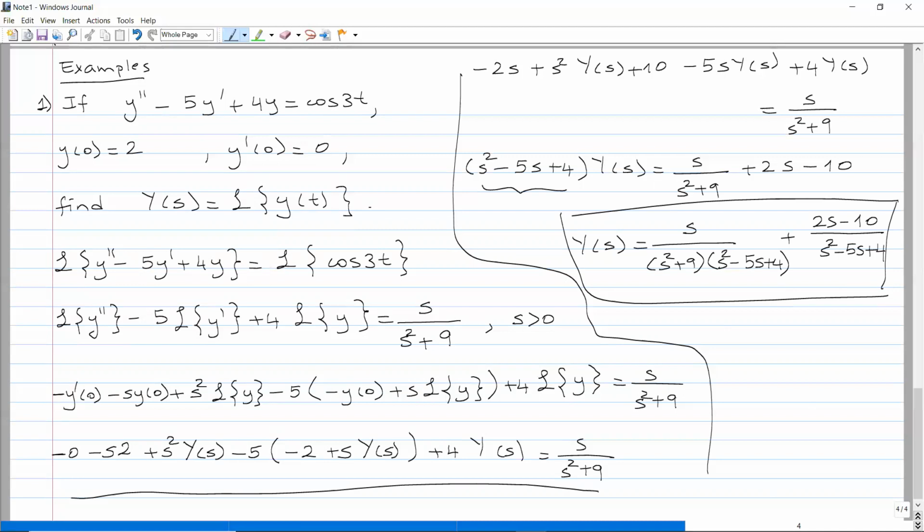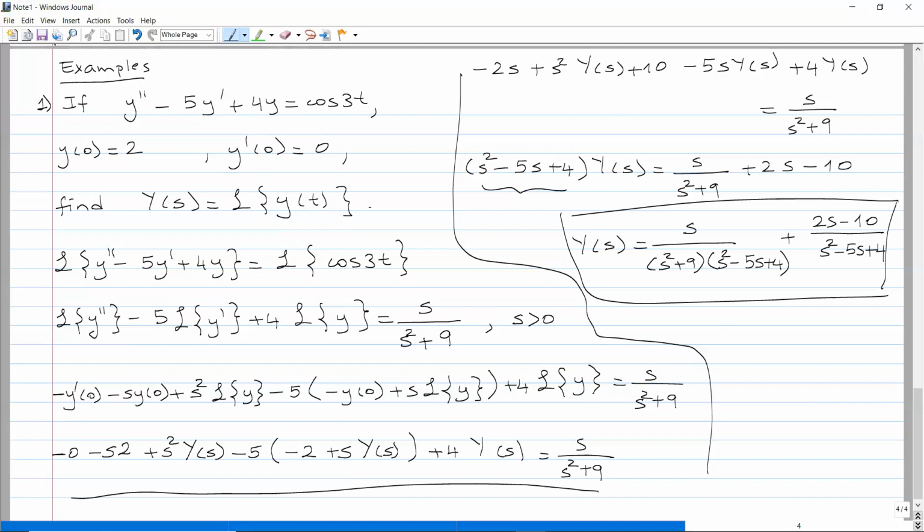Of course, because the original differential equation is linear, when we apply the Laplace transform, we get a linear equation in capital Y. So we can easily solve it to find the Laplace transform capital Y. And now, of course, we answered this question, but we haven't solved the differential equation yet.